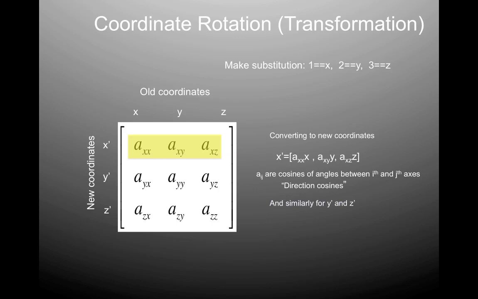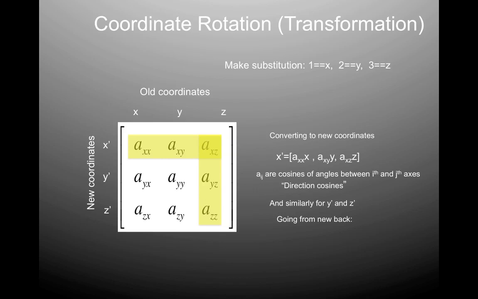Now, similarly, we can write the expressions for the y-prime in terms of the old x, y, z axes. Now we can go back from the primed axes to the old coordinates simply by looking at this transformation matrix in a vertical direction.